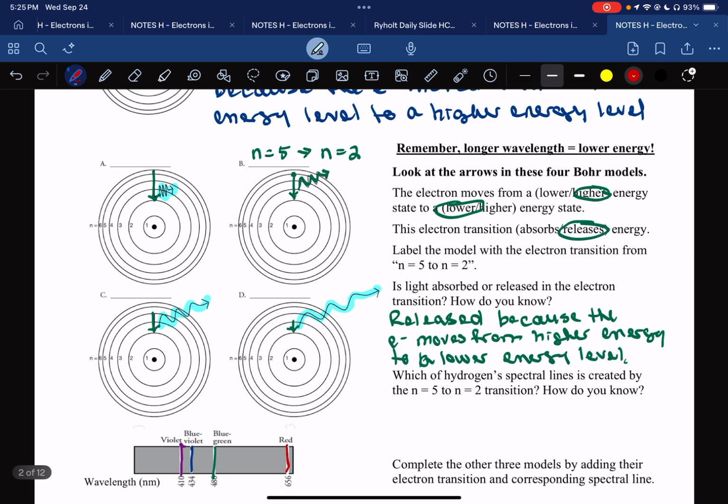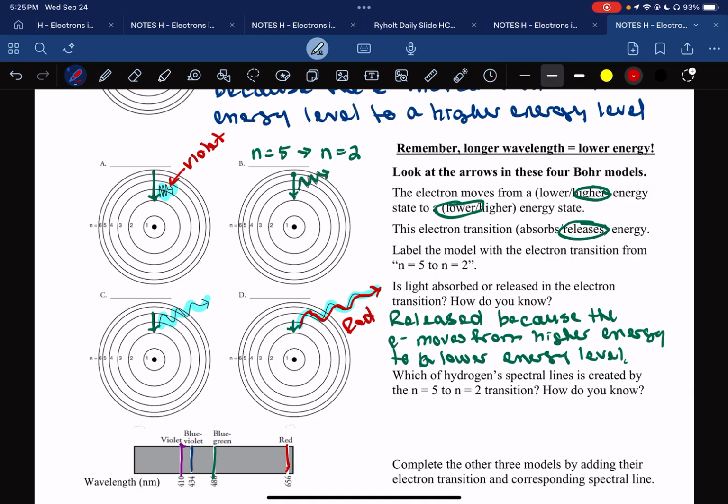And then red. Okay, so the shortest wavelength, it looks like, is going to be violet. So I'm noticing that this one has the shortest wavelength, and so let's call it violet. And this one over here has the longest wavelength, and so I'm guessing he's got to be red.